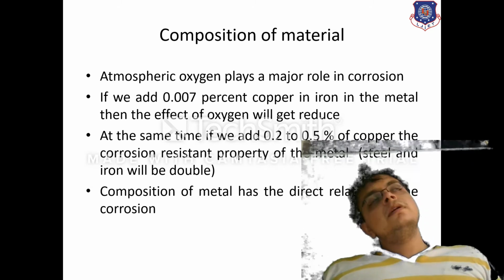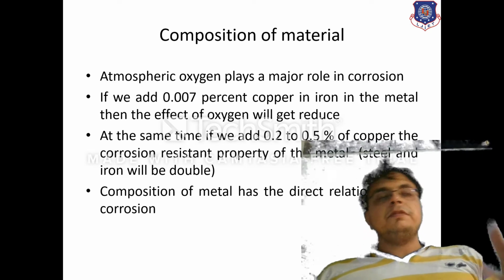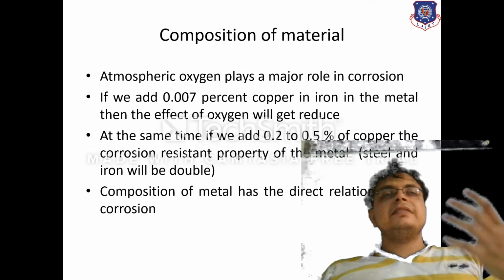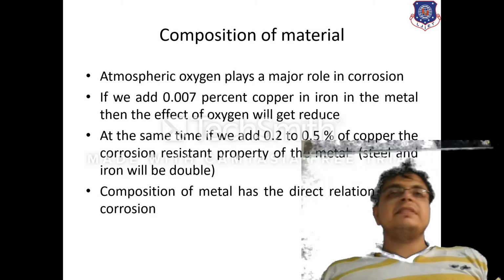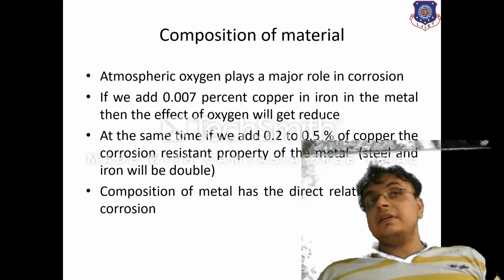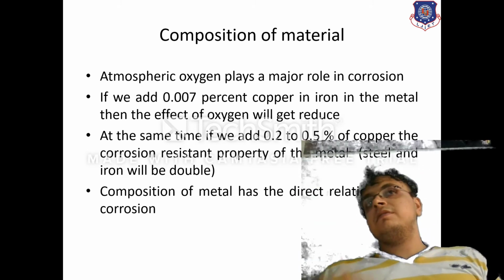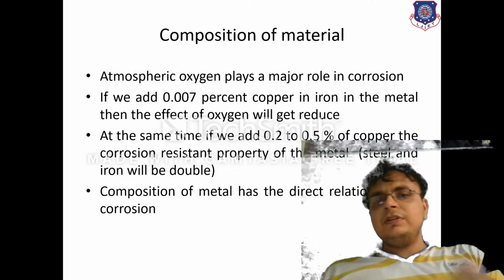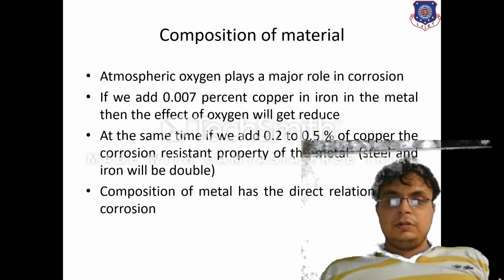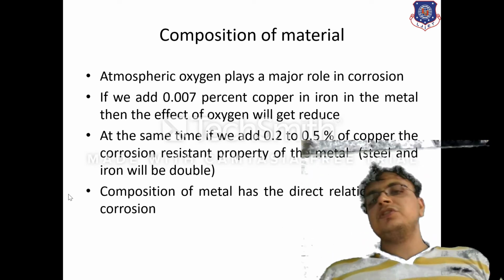Composition of the metal. Composition is very much important for the corrosion. We all know that iron and steel are mainly cast in the industry, and they generally possess the property of getting corroded when oxidized or when they come in contact with water. Atmospheric oxygen plays a major role in the corrosion, but the corrosion can be prevented by changing the composition of the material.